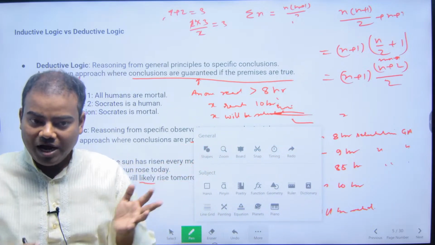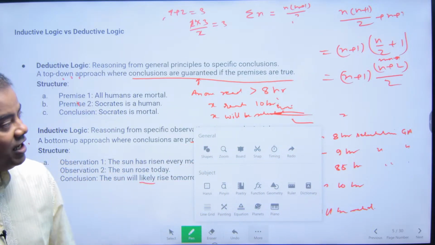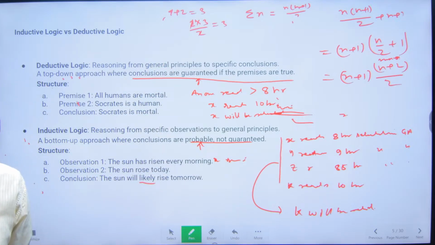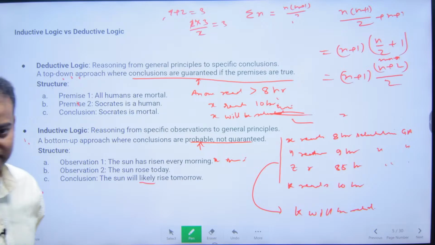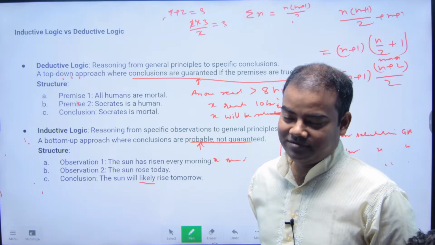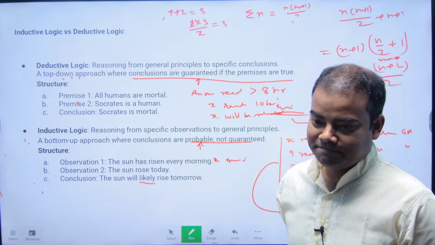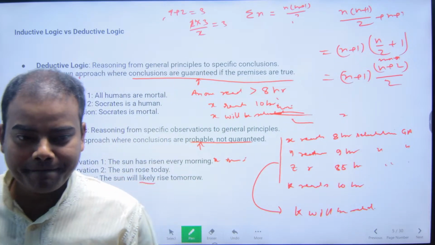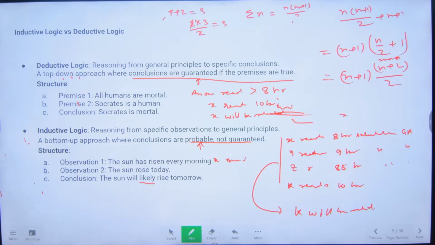So this is true, meaning you have to consider for n plus 1. Now can you tell me whether this mathematical induction is inductive logic or deductive logic? That is inductive or deductive? Deductive, correct.